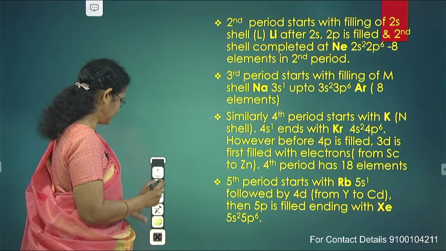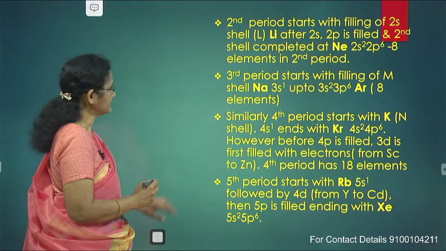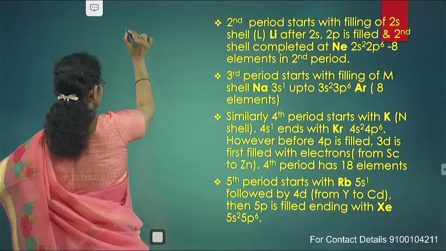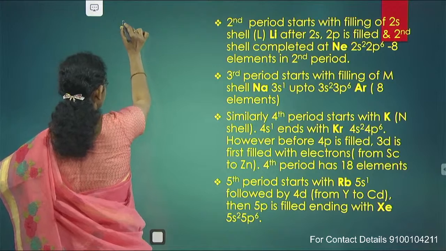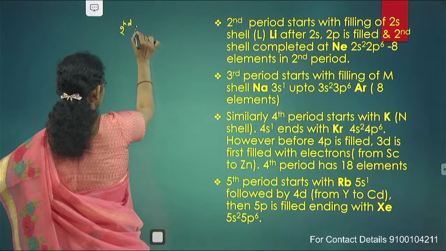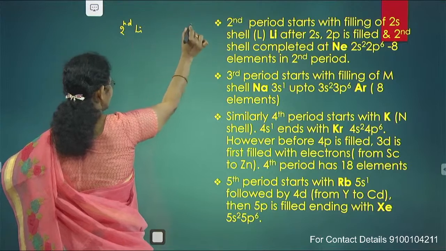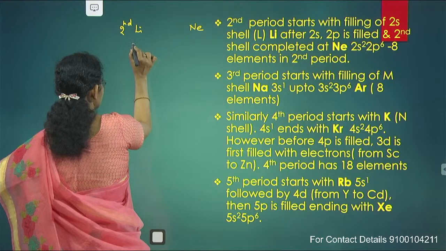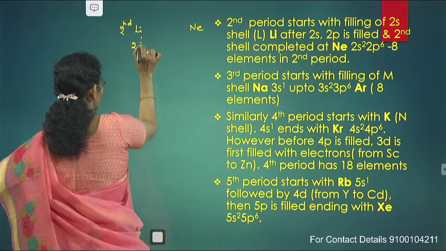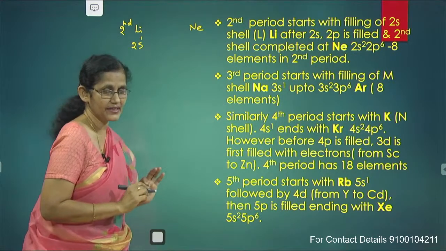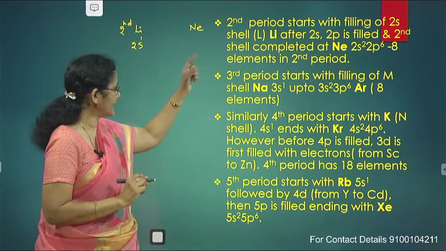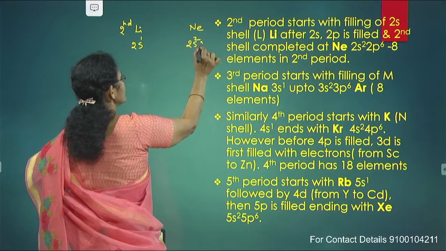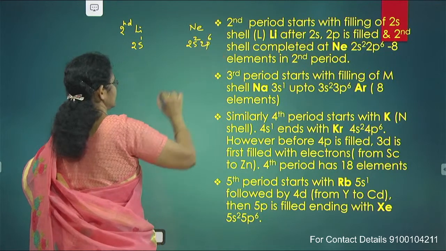Now, you see, the second period starts with lithium, ends with neon, right. So, when I say lithium, 2s1, it starts with filling of the s orbital, and at neon 2s2, 2p6.